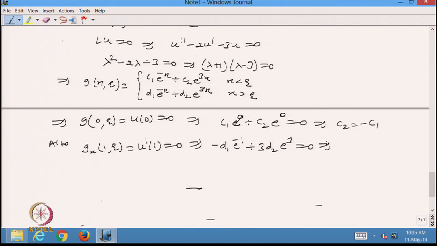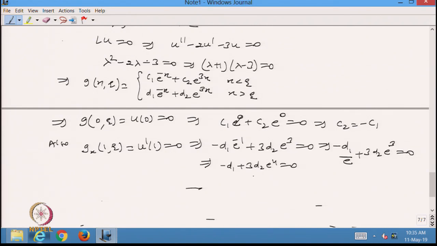So, from here I can write down that minus d1 over e plus 3 d2 e3 equal to 0. So, that gives me minus d1 plus 3 d2 e raised to power 4 equal to 0.